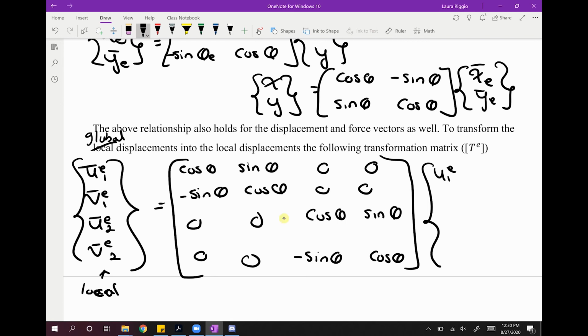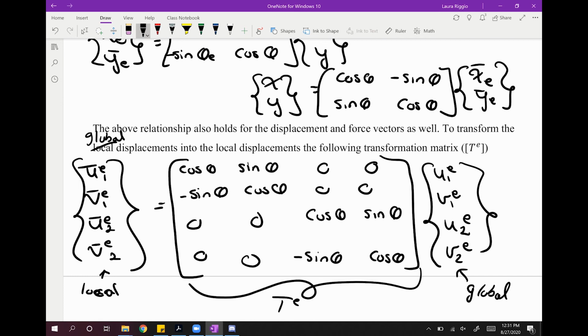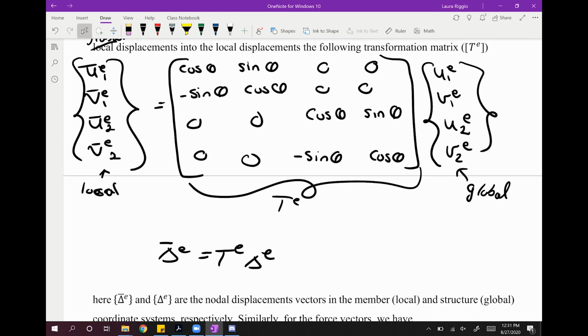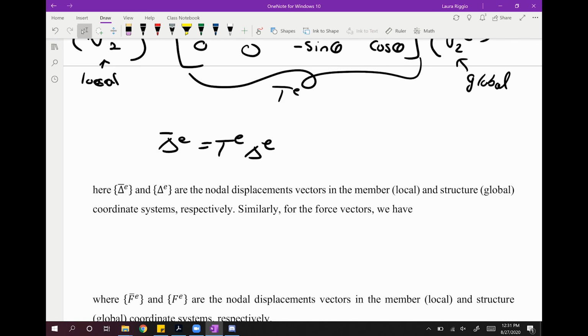So that's going to be u1, v1, u2, and v2. So this is our global, and this is our transformation matrix TE. A shorthand way of writing this is saying that our local displacements are equal to our transformation matrix times our global displacements. I can basically write the exact same equation for forces, so I can say my local forces are equal to my transformation matrix times my global forces.